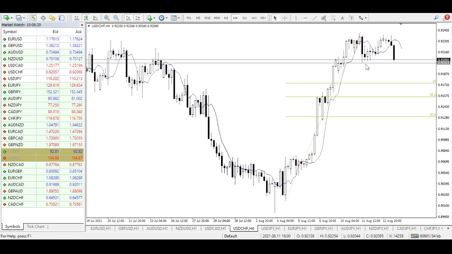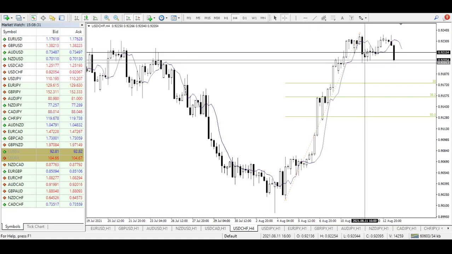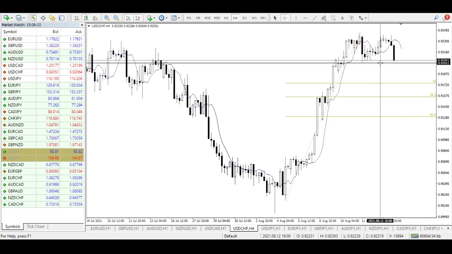This will be the neckline of the double top, and from this point, if we calculate the target of double top, this is 40.3 pips to the upside. So our target to the downside will be the same, 40.3. So let's go down. 40.3 will come something around 38.2 Fibonacci retracement, which will be something between 91.60 and 91.56. So these are the two targets which we can consider for our sell position.